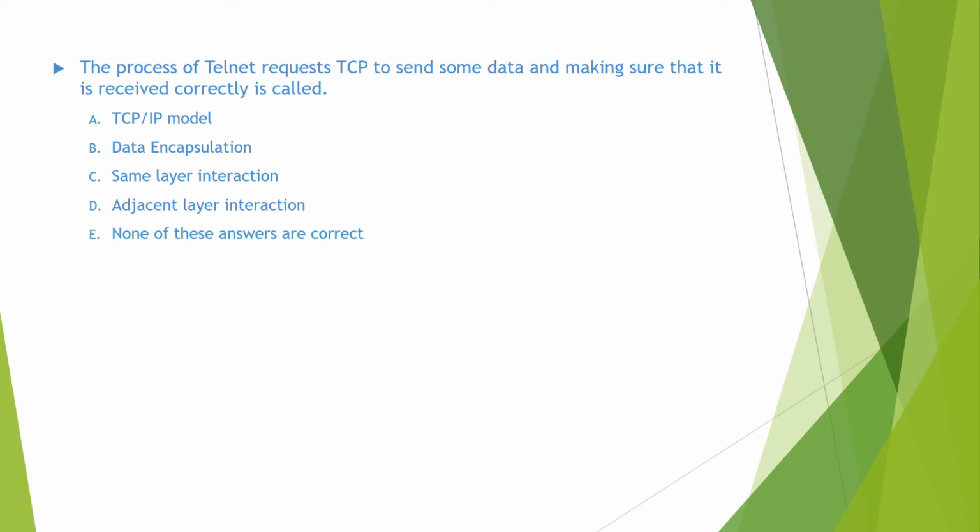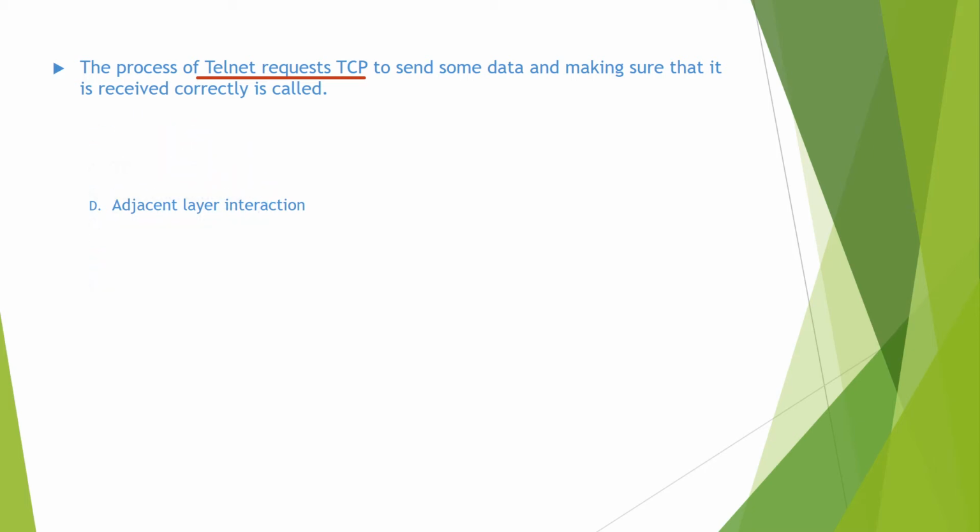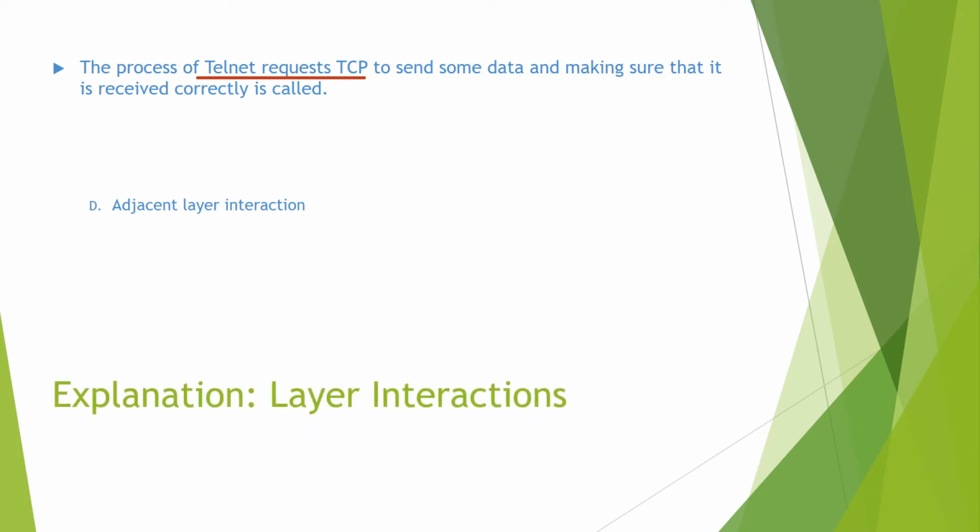So when you read Telnet request TCP, as you know, Telnet is in application layer and TCP in transport layer. So Telnet request TCP tells us that it's the adjacent layer interaction. This can be found in layer interaction video.